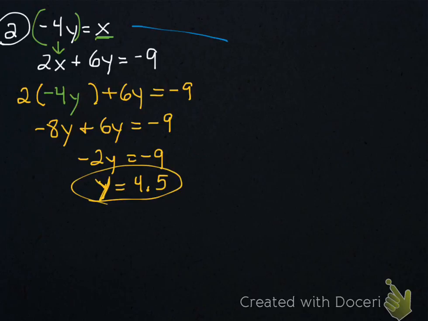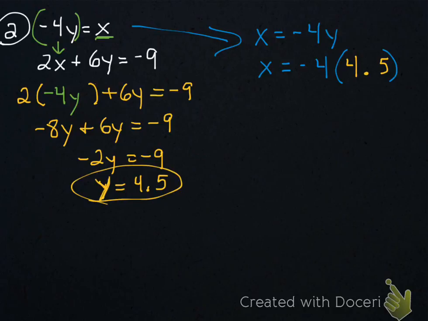So let's go over and now solve for the x value. So x is equal to negative 4y. We need to plug in the y value. That y value is positive 4.5. No big deal.